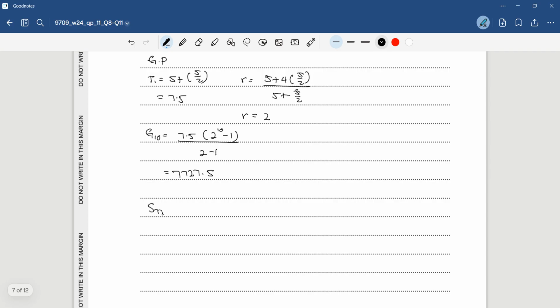Therefore, S77 minus G10 will be 7700 minus 7727.5. We'll get 27.5.